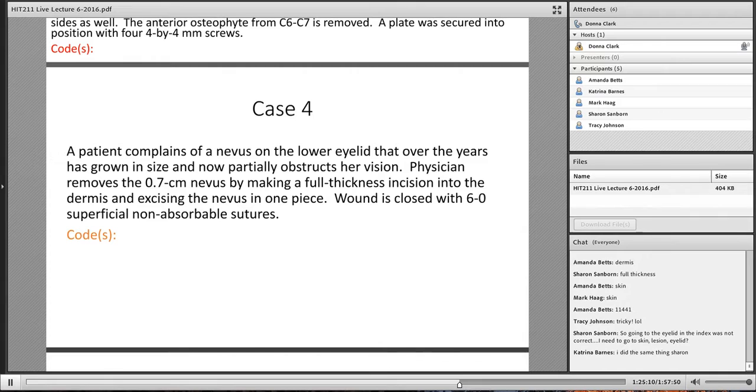So does everybody understand? Always pay attention, no matter what surgery section we're in, that can happen. You need to make sure: are we in the skin, which is a superficial level, or are we going to something deeper? Very good to pay attention to.